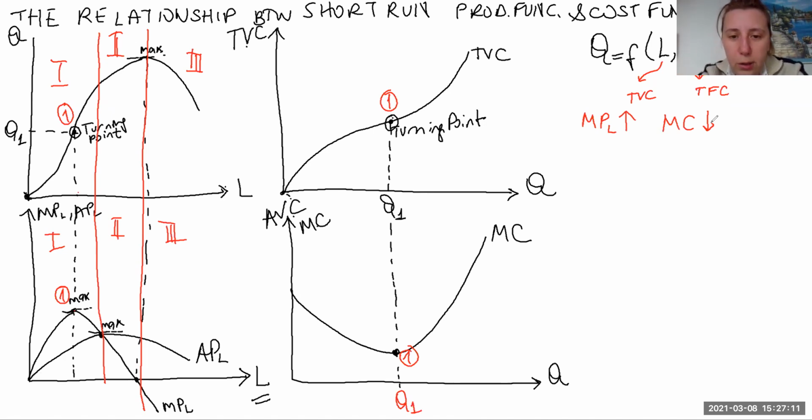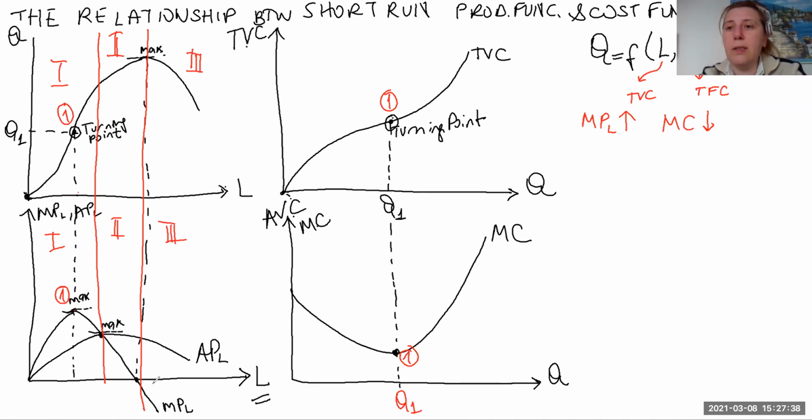This marginal cost is just created by the labor. So because their productivity is increasing, the level of output increases increasingly. The extra cost created by each new labor is just decreasing. Then after point 1, the marginal product of labor starts to decrease.